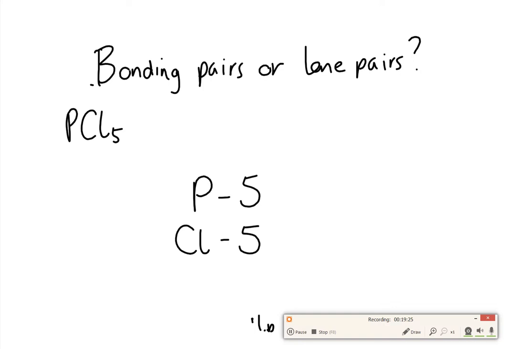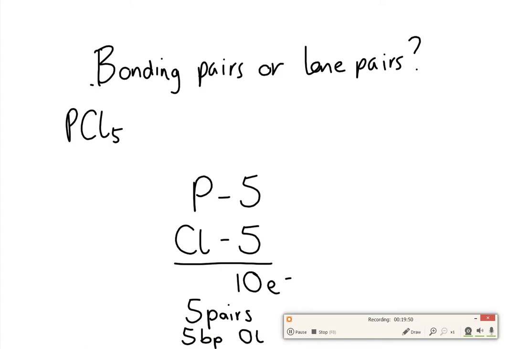Okay. Right, so what's that in total? That's 10 electrons in total. So how many pairs is that? Divided by 2. So that's 5 pairs in total. We've got 5 chlorines bonded to the phosphorus, so all those 5 pairs are bonding pairs, 0 lone pairs.